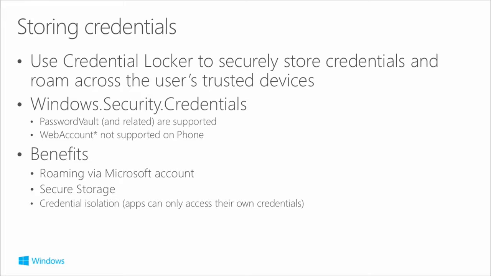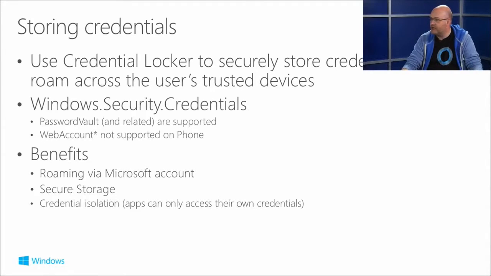It stores my credentials, and we use the credential locker for that. That's the password vault, the same mechanism we use for Internet Explorer, for email credentials, etc. It's a secure part in memory. And if it's allowed by policies, we can roam those credentials over different devices, phones or Windows devices. Applications obviously can only access their own credentials and not other ones.